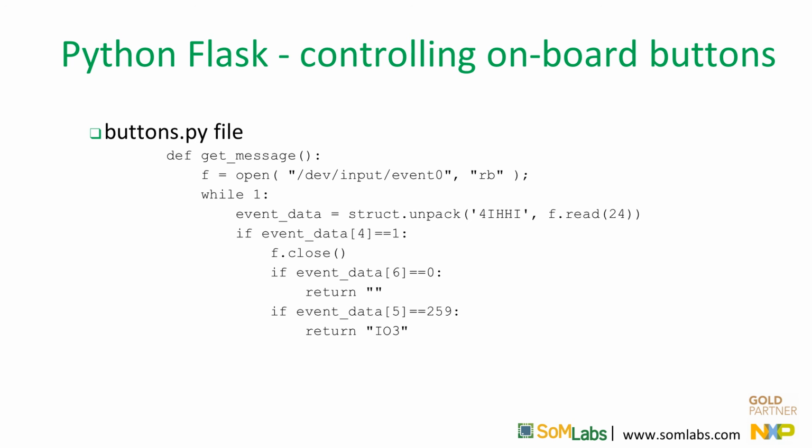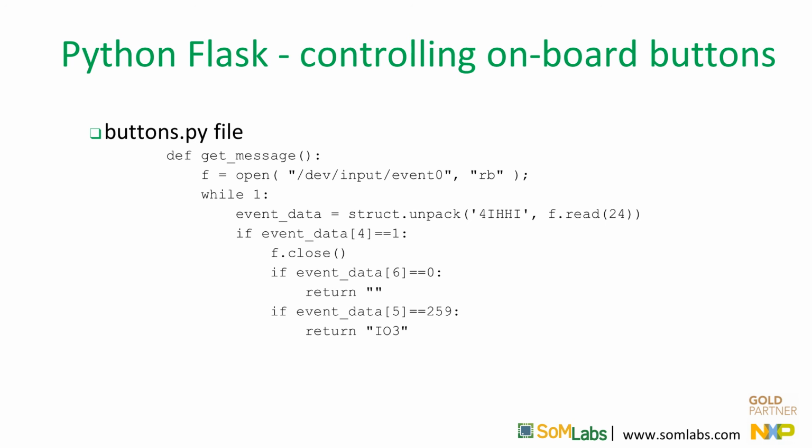This is a mechanism implemented by the Linux system, which we have already observed when testing the accelerometer module. After receiving the data packet from event0, it is decoded from a binary representation into arrays of values. The element number 4 corresponds to the event type, so EV key button with value 1.